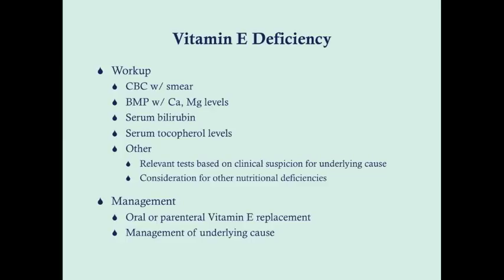Other tests that you can get are anything that's based on clinical suspicions you might have for underlying cause. So generally we're talking about malabsorption here. So Crohn's disease, cystic fibrosis, celiac sprue, any of that stuff, and then consideration for other nutritional deficiencies. So particularly when you have people with malabsorption, they may be deficient in other vitamins.